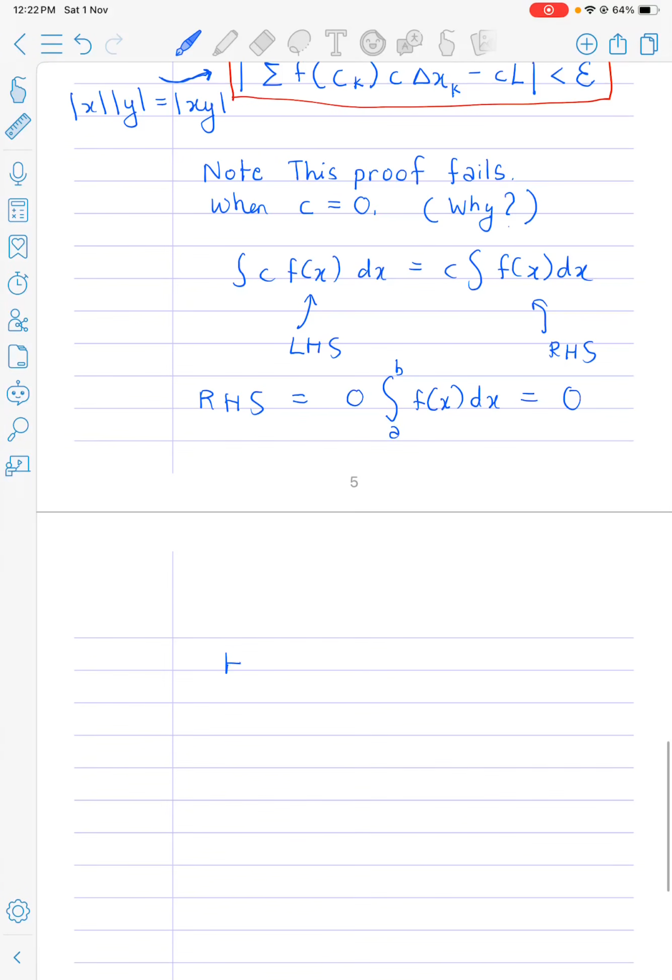I will show this is 0. Now the left hand side: a to b 0 into f(x) dx.